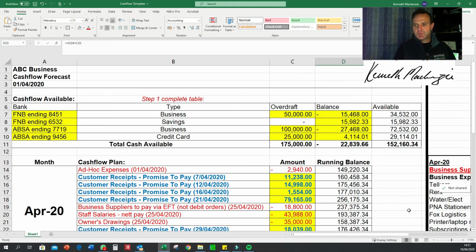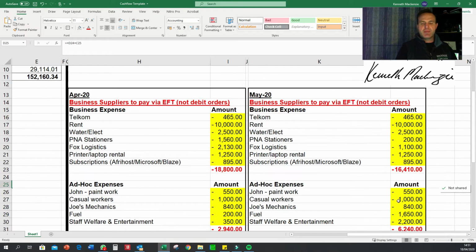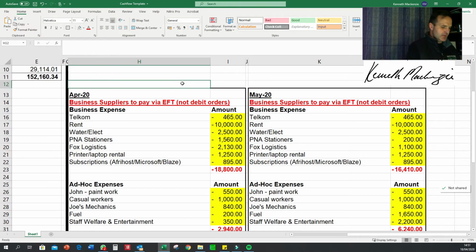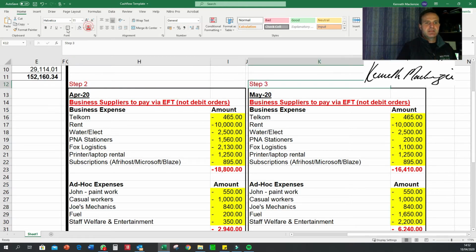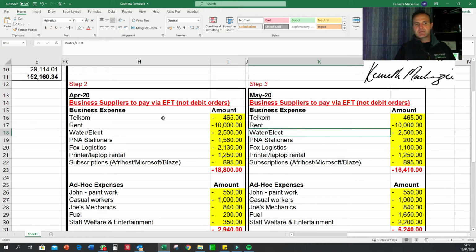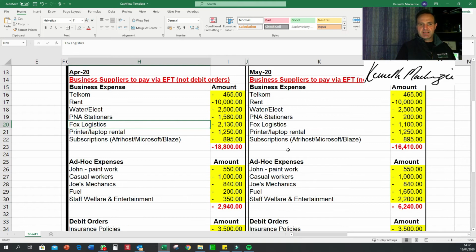step 2, we want to go on here to these two tables that I've made for April and May. Step 2 and step 3 is the action that you're going to use to complete these two tables, right? The reason why you're completing these two tables is you're listing all of your business expenses here.